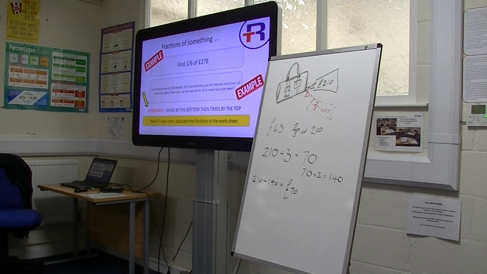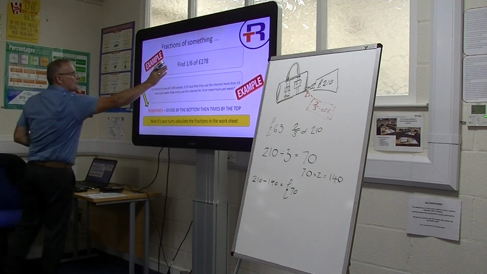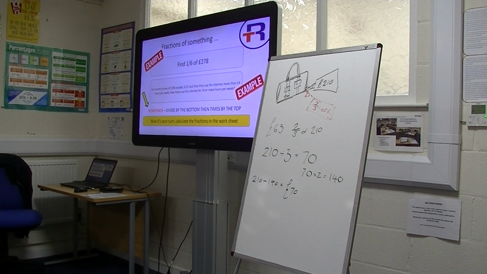Divide by the bottom, then times by the top. If you've done the first one, move on to the second one. Second one's a bit more tricky because it's written in wordage.